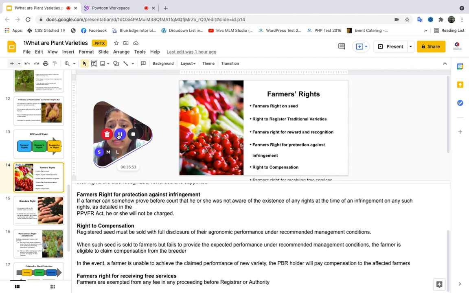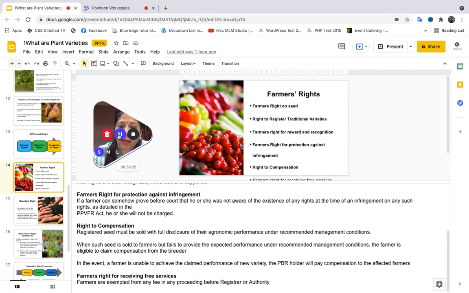The next right is right to compensation. Let's say I'm a breeder, let's say I'm a farmer, now I have developed a new variety, now I want to sell the seeds of that new variety. When I am selling a registered seed, a full disclosure of its agronomic performance should be made. For example, my seed has to be washed or has to be treated with a certain type of chemical, so I have to give full disclosure of it.